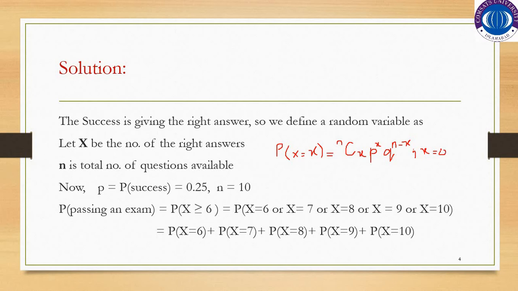X is basically our variable of interest, which is associated with the probability of success. Here x is equal to 0 means he will mark 0 correct answers.